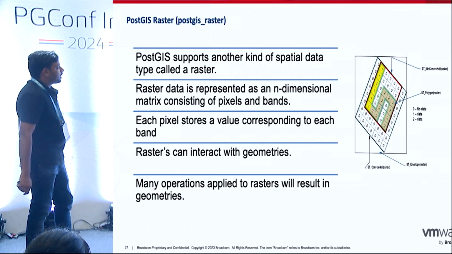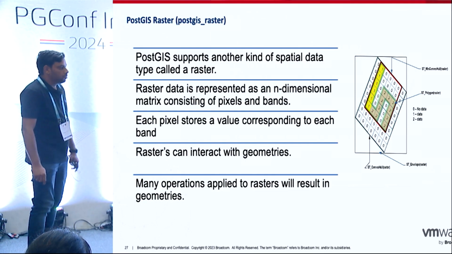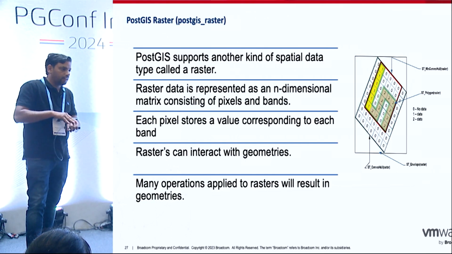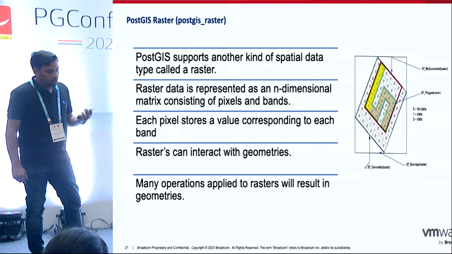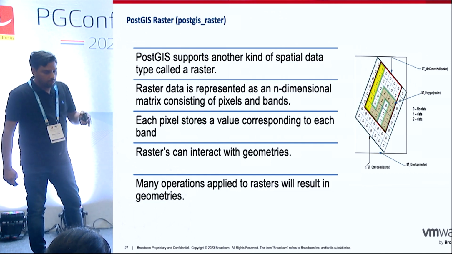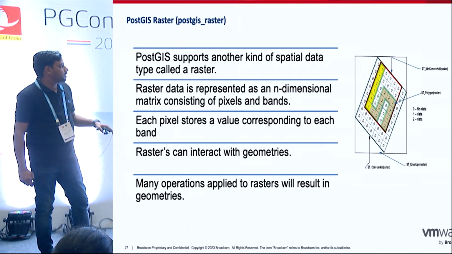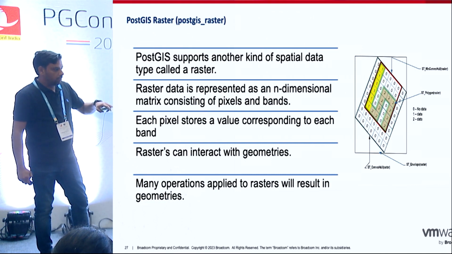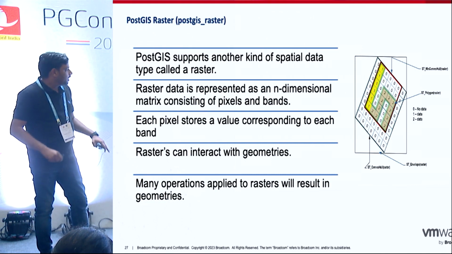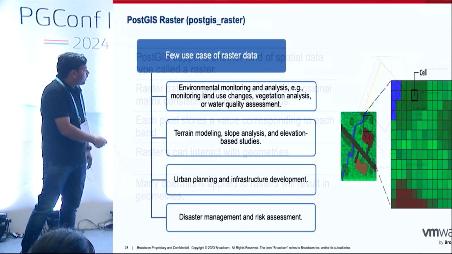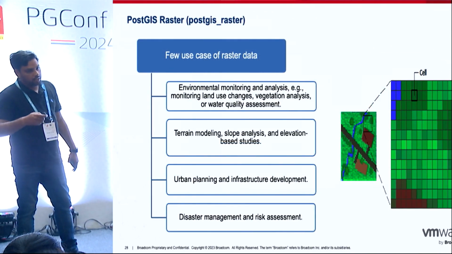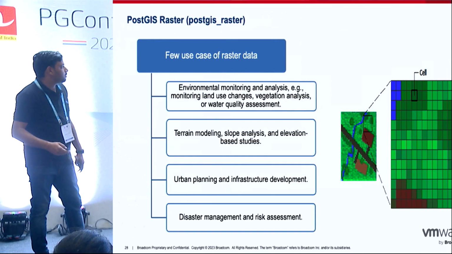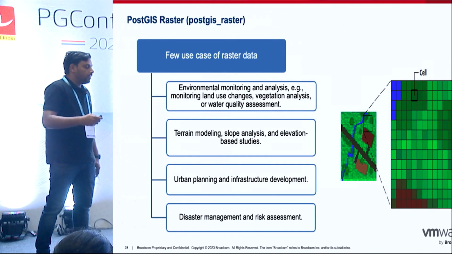Raster data is basically used by overlaying it on vector data. Vector data on the map gives us the directions, roads, and boundaries, but raster data gives the actual land positions, like the condition of the land. We can use raster data in risk assessment, disaster management, and land use changes.